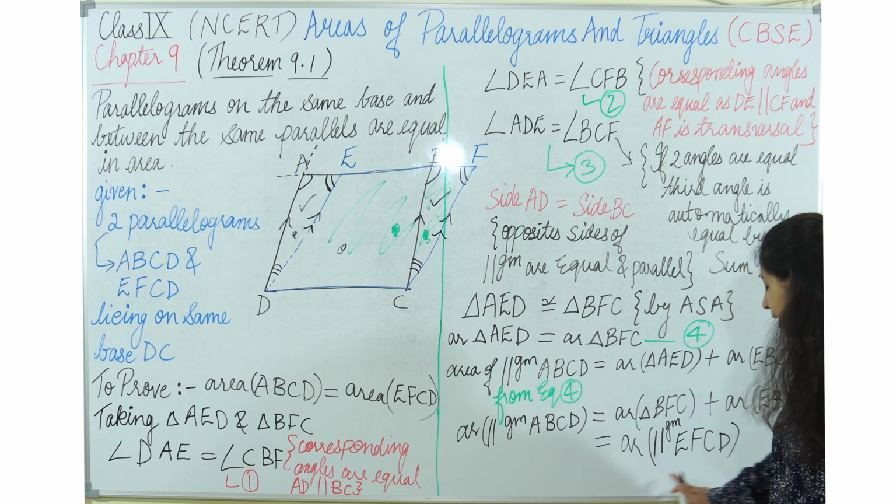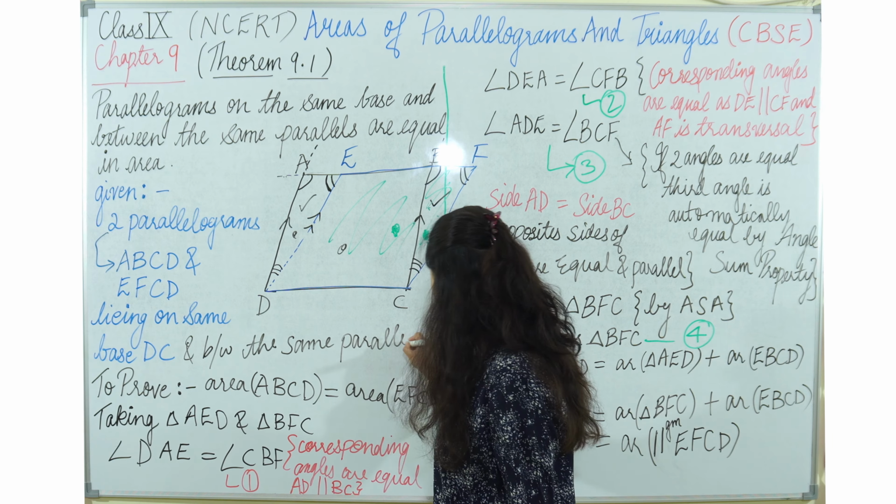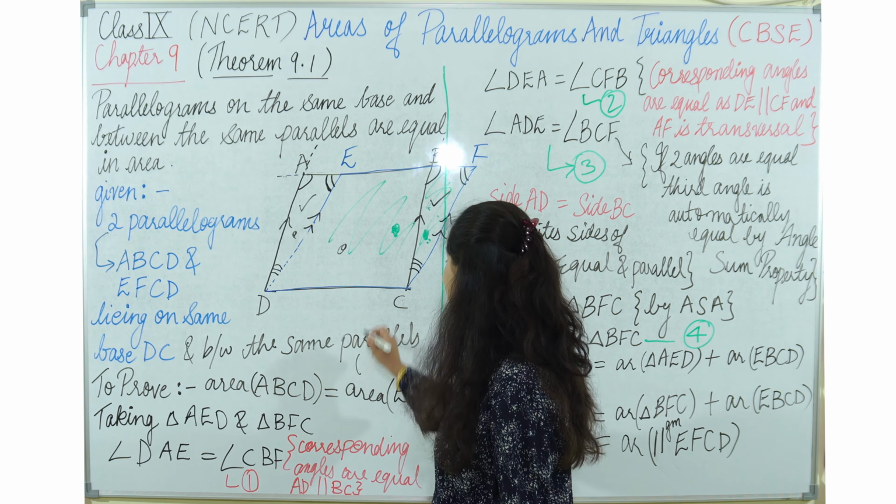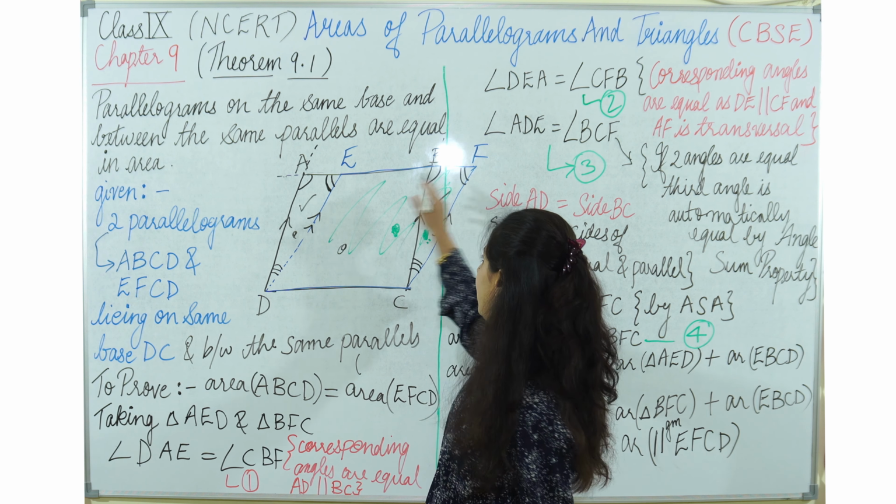So both the parallelograms were lying on the same base DC, and between the same parallels, the parallels were DC and AF.